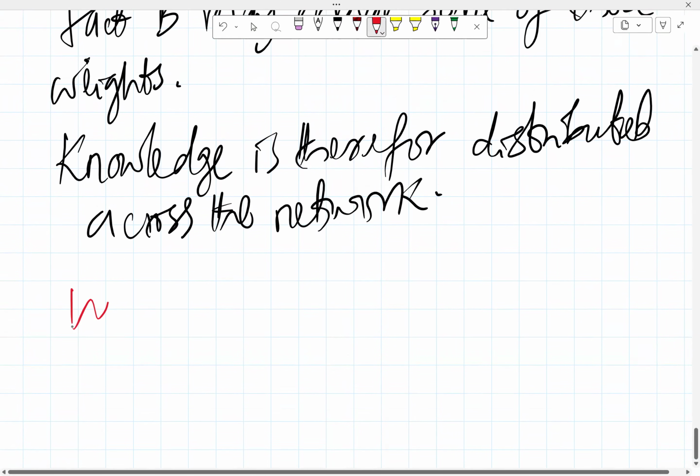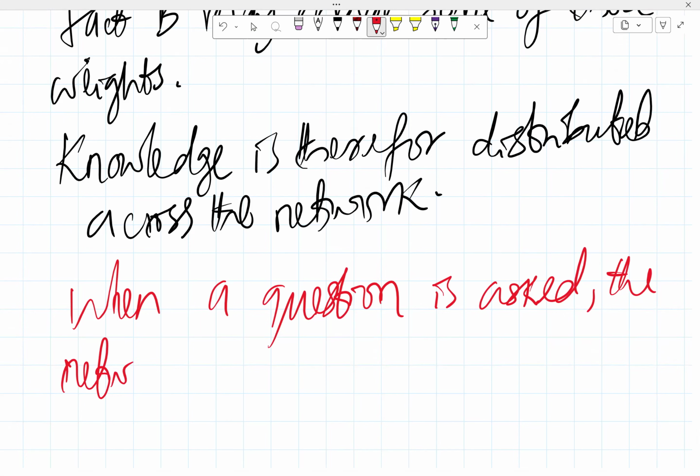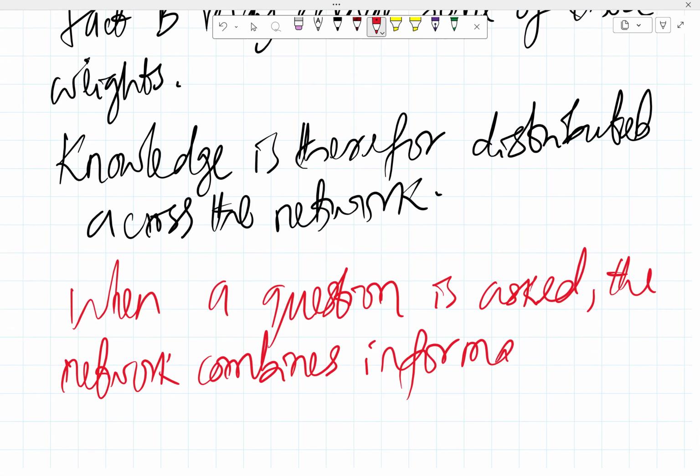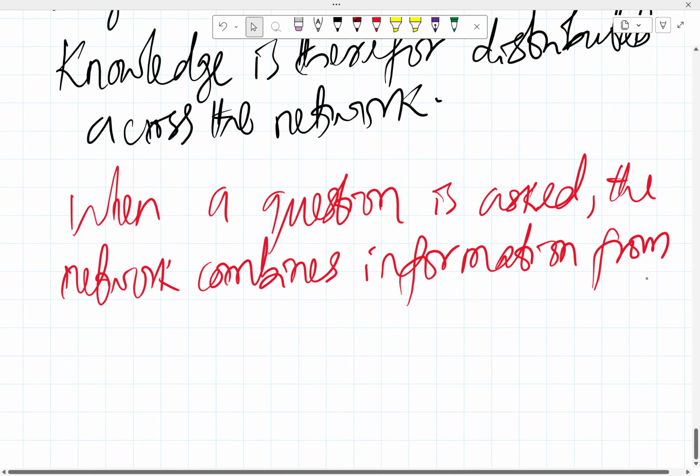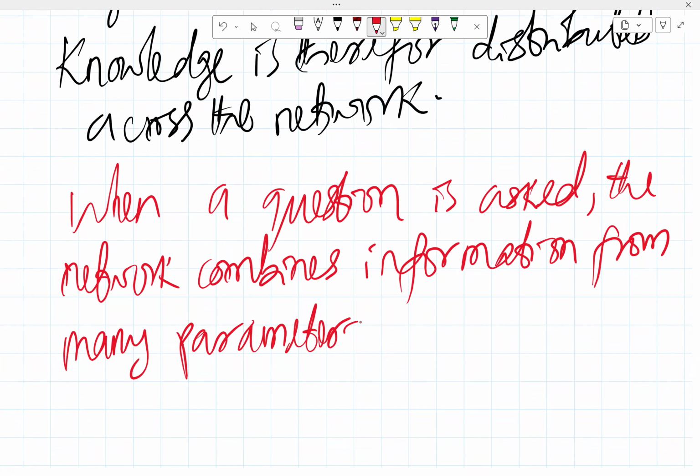So when a question is asked, the network combines information from many parameters to reconstruct the answer.